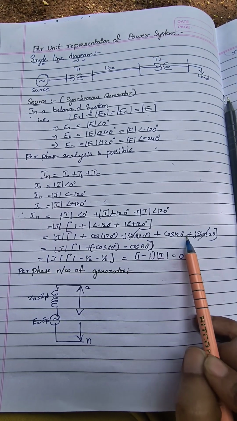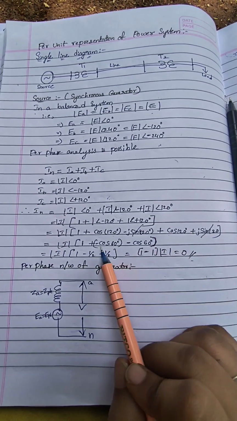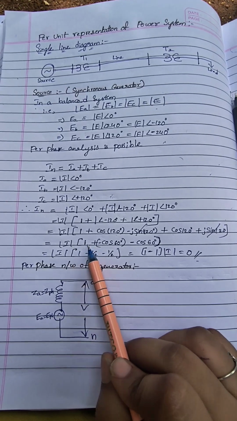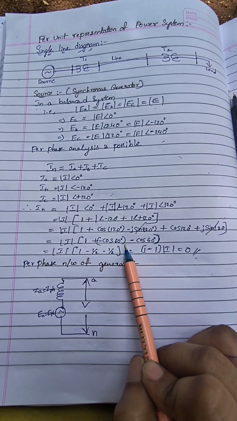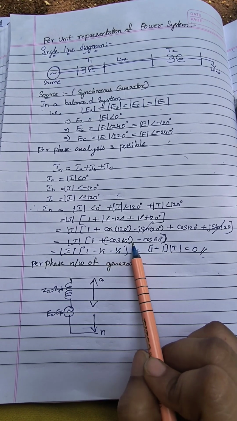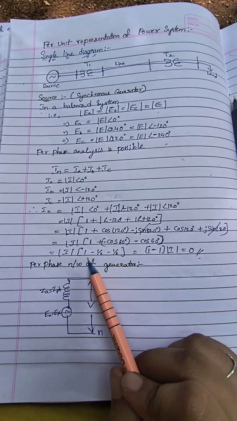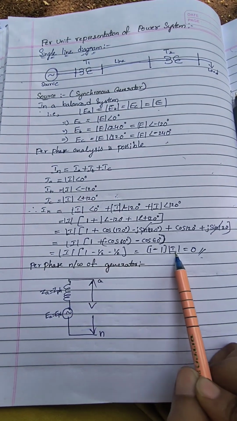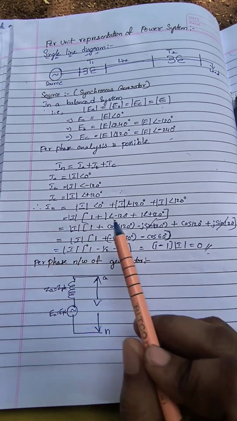Here the plus j sin 120 degree and minus j sin 120 degree are cancelled, and we get I into 1 plus cos 120 degree, which we can write as minus cos 60 degree. This is also the same, minus cos 60 degree. Cos 60 is 1 by 2, so minus 1 by 2 minus 1 by 2, we get 1 minus 1 into I, that gives 0. So the current in the neutral is 0.